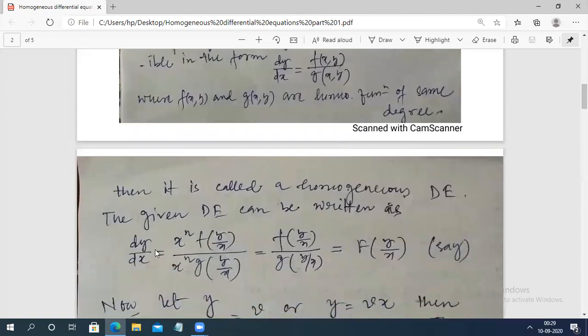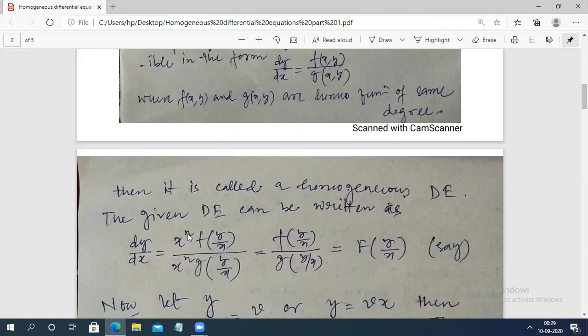Now this dy by dx is equal to f(x,y) upon g(x,y). If f(x,y) is a homogeneous function, then it can be written in the form x to the power n f of y by x, and g(x,y) is again a homogeneous function of the same degree, so this function also can be written as x to the power n g of y by x. Clear?